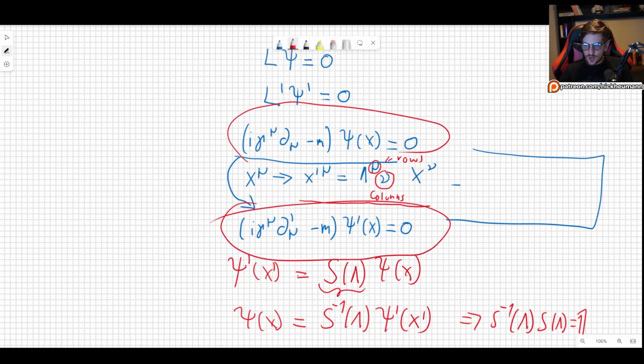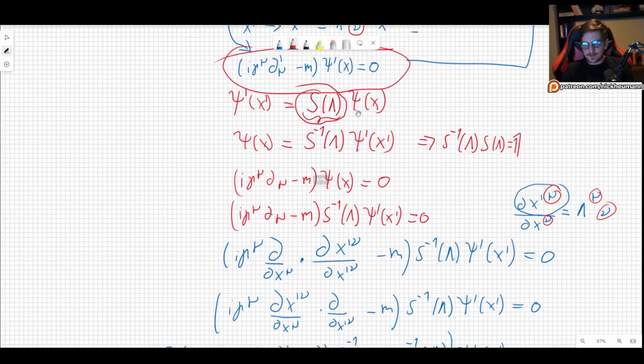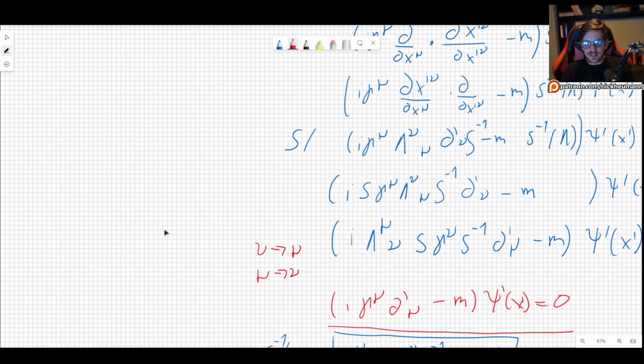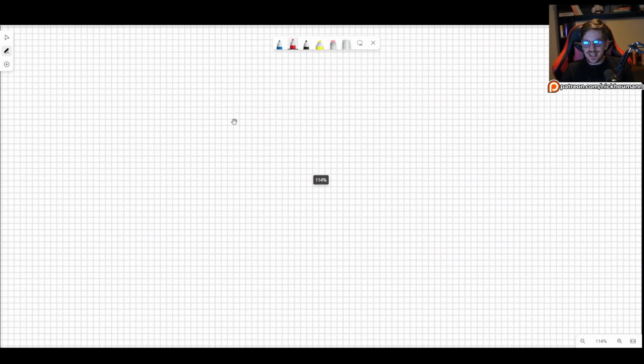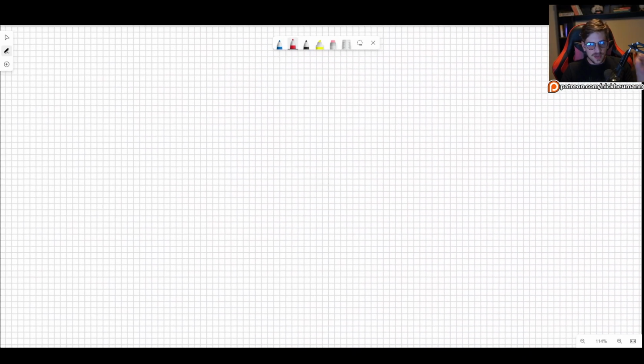But for that, we needed to make sure that this S matrix exists and that it generates the Lorentz transformations. And we just did that. We also found some other interesting properties along the way, but now we can rest assured that the S matrix is indeed the generator of the Lorentz transformations. So now there is one last thing that we want to do now that we have finally proven the covariance of the Dirac equation.